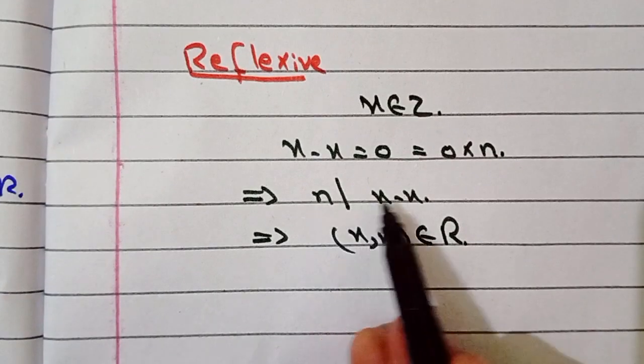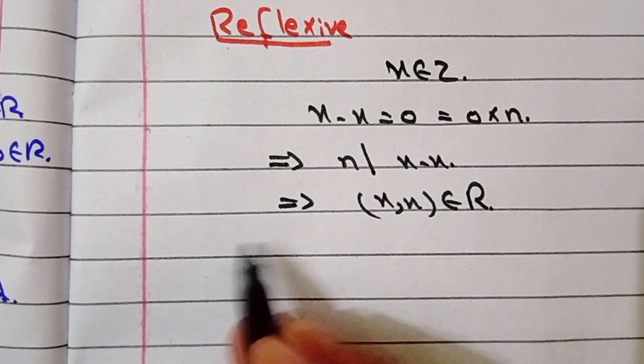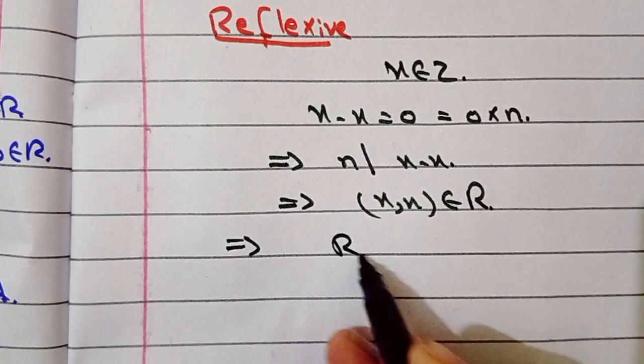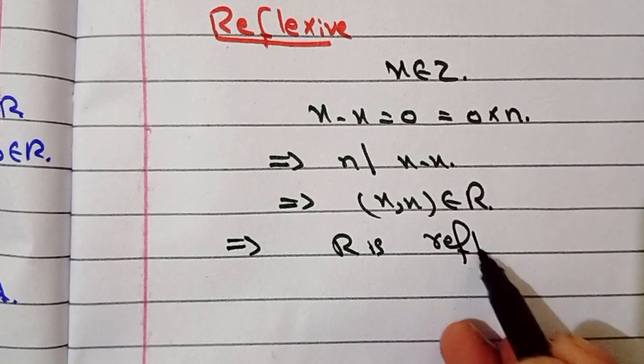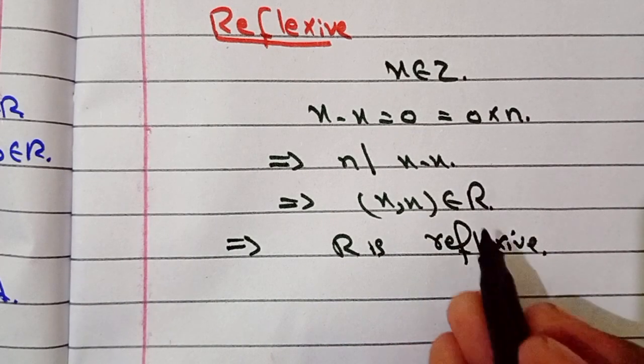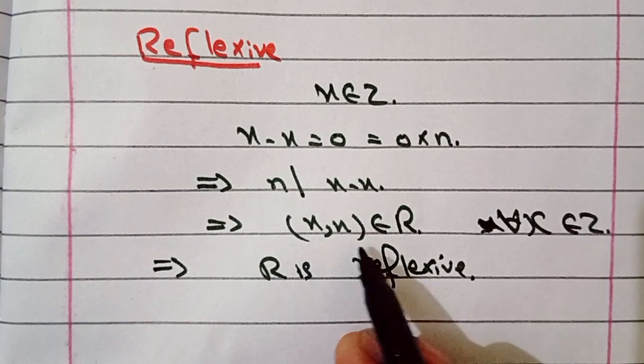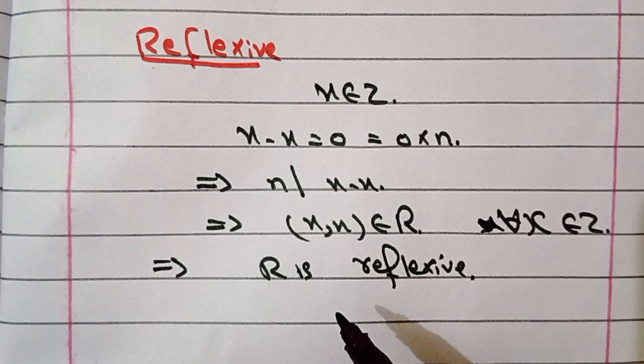So here n divides x minus x, which means (x, x) belongs to the relation R. This implies that R is reflexive. R satisfies the reflexive property because for all x belongs to Z, every element is related to itself in relation R.